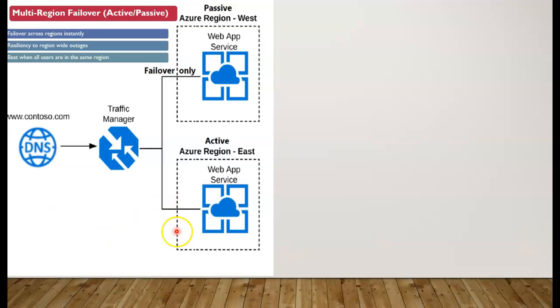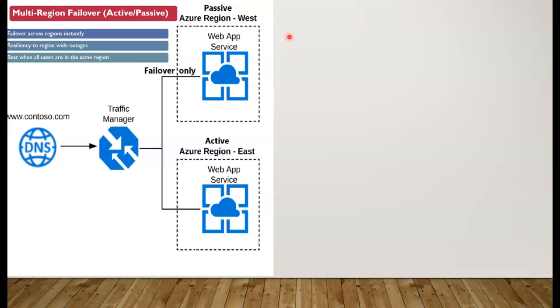What some folks like to do is to have all of their applications and systems deployed into two regions, but only one as a primary region they use. We can see that in this image: the East region is set as the active region, and at the top you will also see a passive region, which is on the West side.